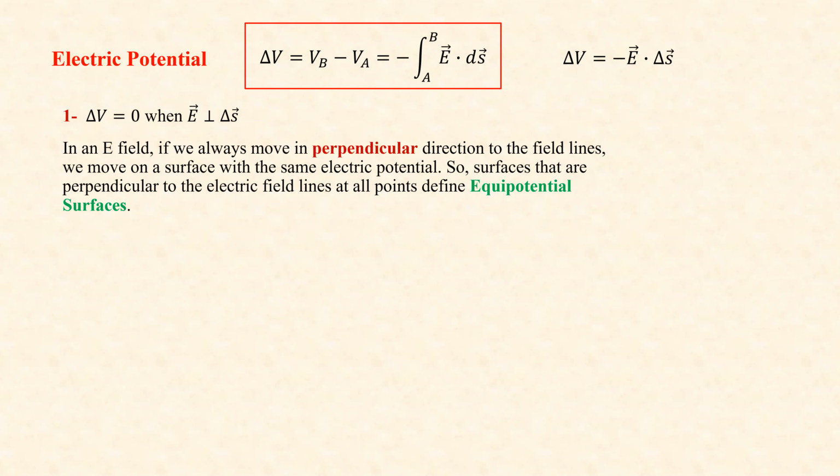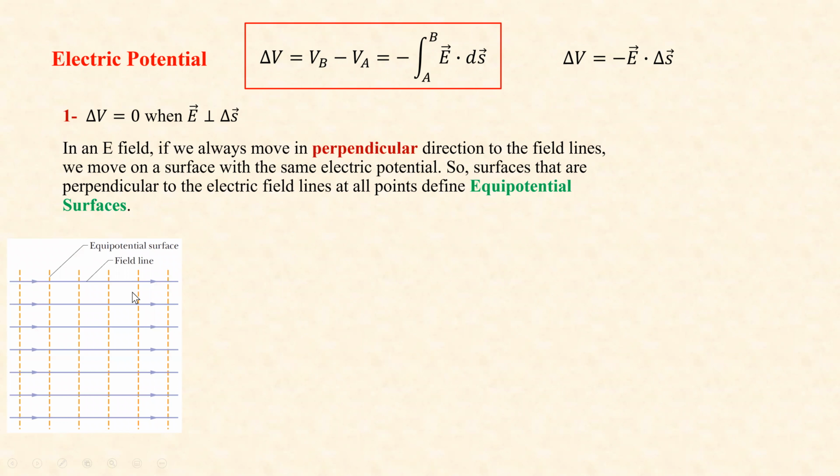So surfaces that are perpendicular to the electric field lines at all points define equipotential surfaces.